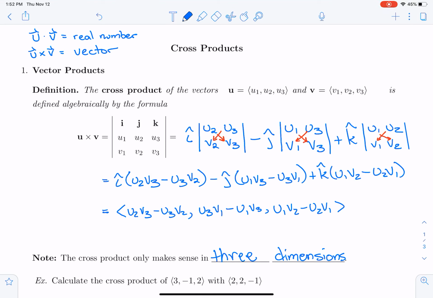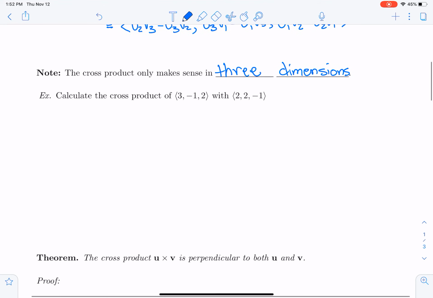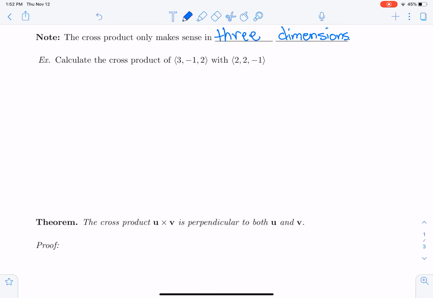So what we're going to do is compute one of these cross products with 2 vectors. Let's look at the vectors 3, -1, 2 and 2, 2, -1. For my cross product, I'll think of the first as being u, and the second as being v.